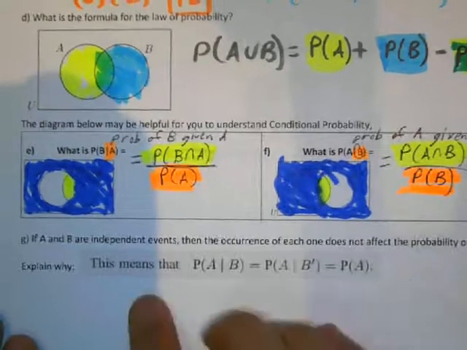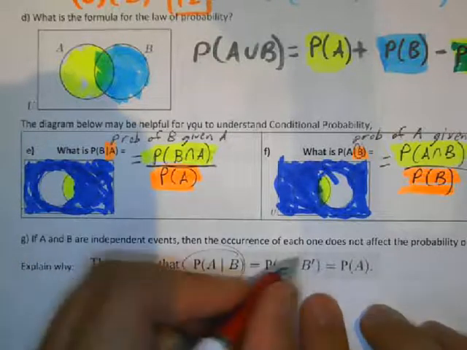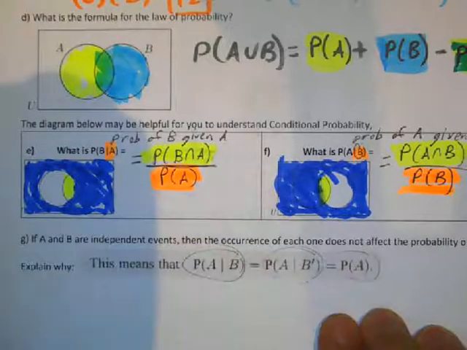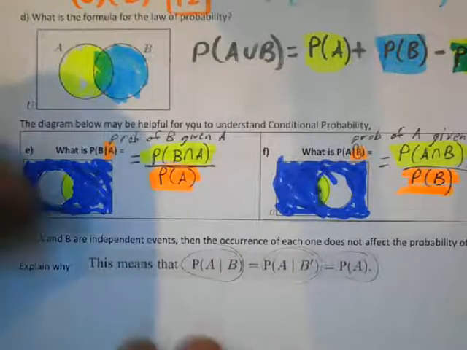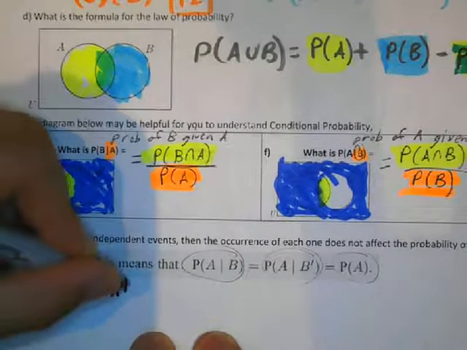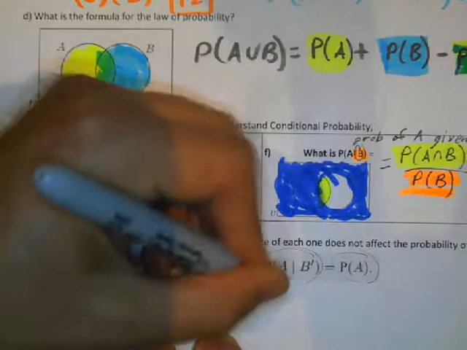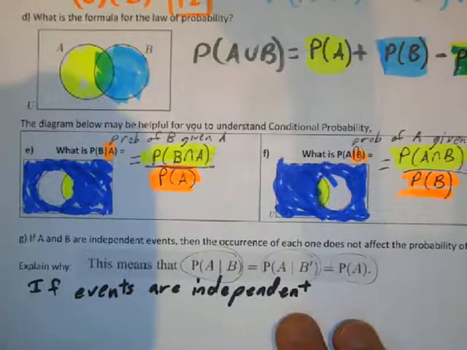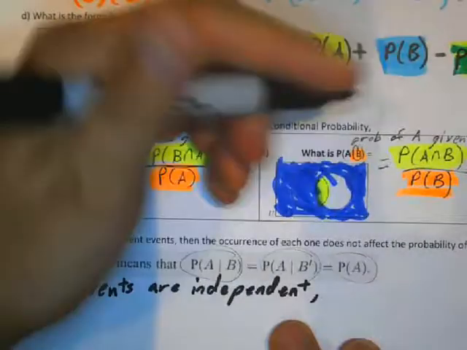So, explain why the probability of A given B is equal to the probability of A given B prime, which is the probability of A. So, basically what this means, if events are independent, then the occurrence of B doesn't affect.